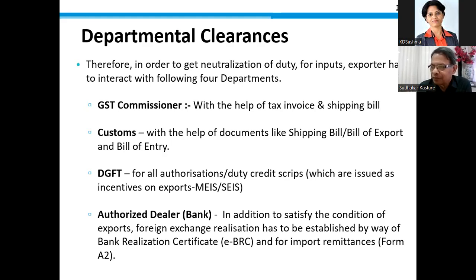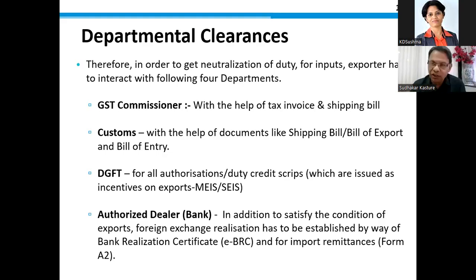DGFT, credit scripts and authorizations, which are utilized or issued, which were earlier issued as incentives for the purpose of MEIS or SEIS. Currently, this is gone. Now, it is for authorizations. And authorized dealer or bank, EBRC, is a document which explains that what you have exported, money has been received.